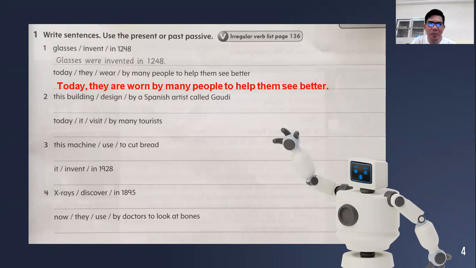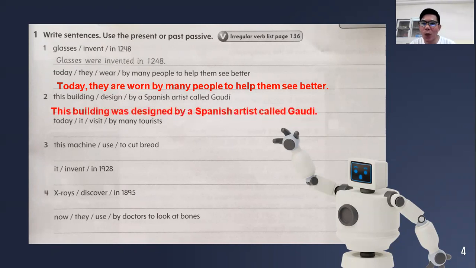Your answer must be, this building was designed by a Spanish artist called Gaudí. Use the word was designed. Put ed on the verb. Second sentence. Today it is visited by many tourists. Use is visited.